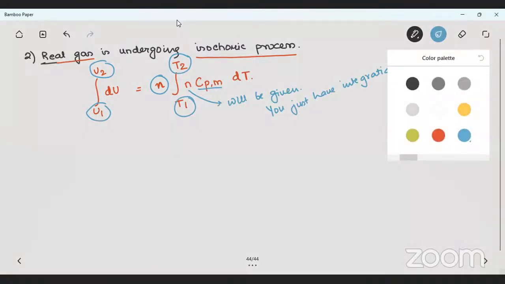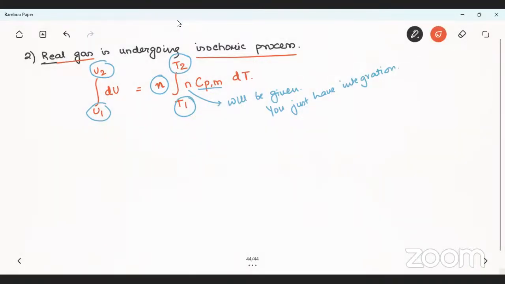Will you be able to calculate if they ask you like this? Now, you already know the formula. Yes or no? Just answer my question. Can you do this?